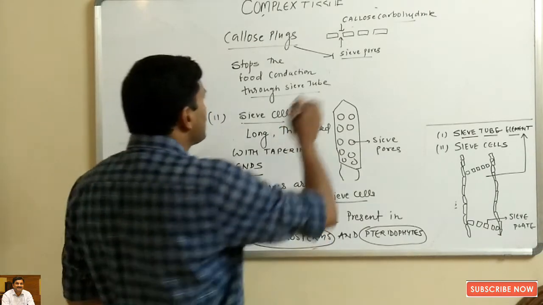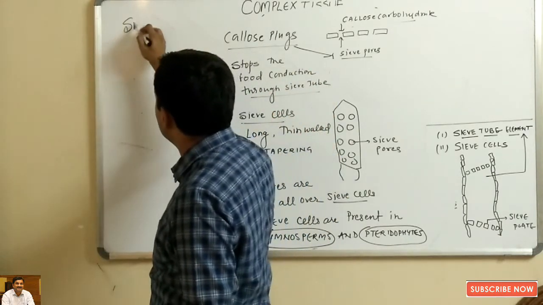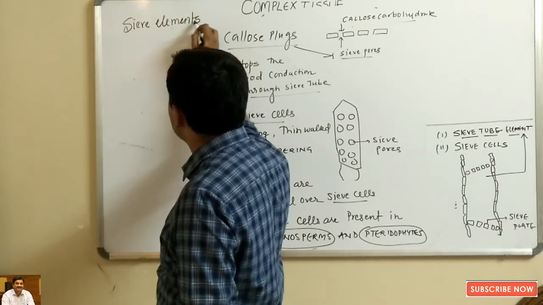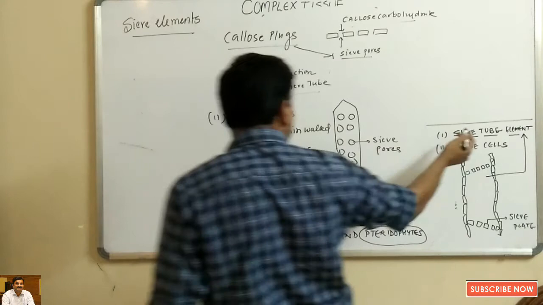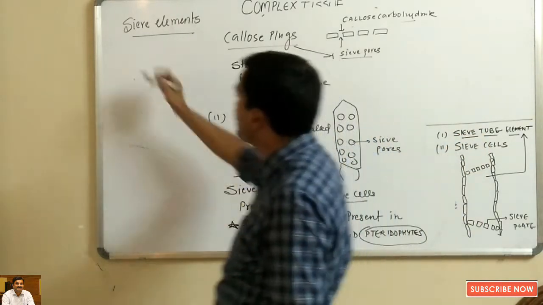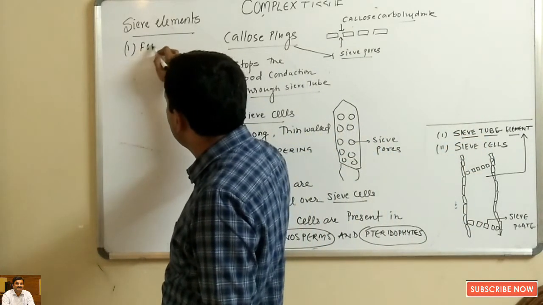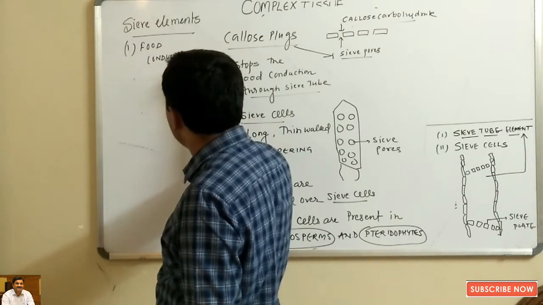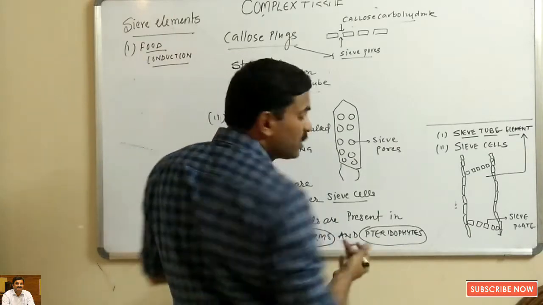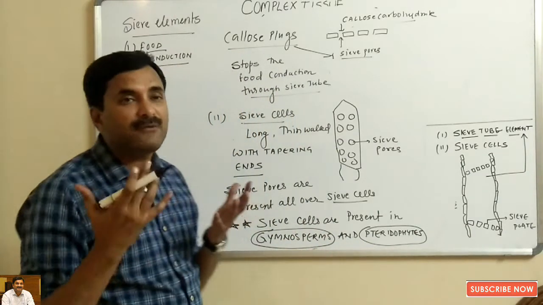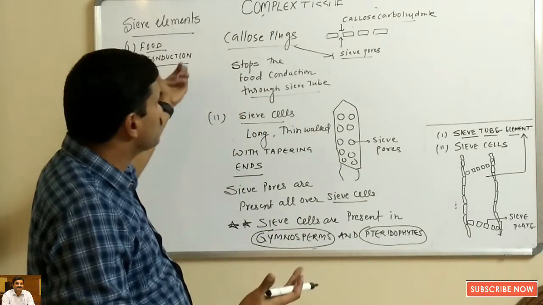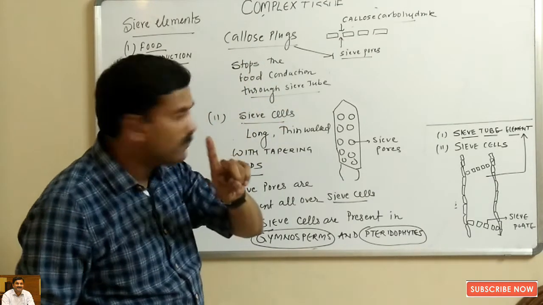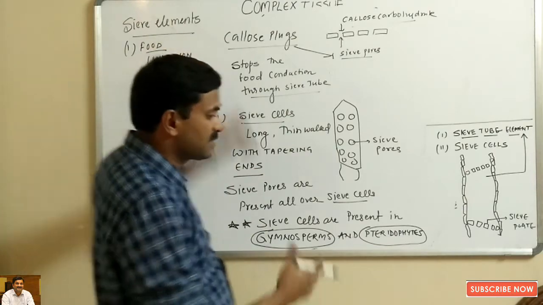The chief function of the entire sieve elements, whether they are sieve tubes or sieve cells, is food conduction. Why? Because they are part of phloem, and we know very well that phloem has the role to conduct the food. So this was about the first one, the sieve elements.